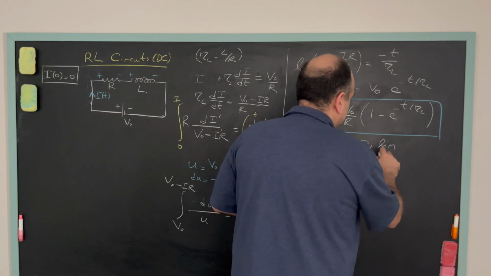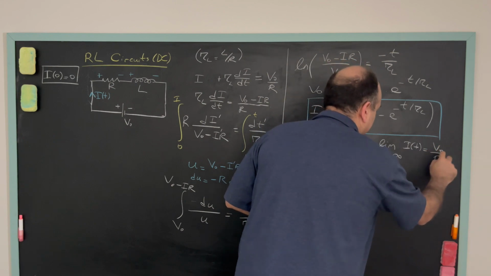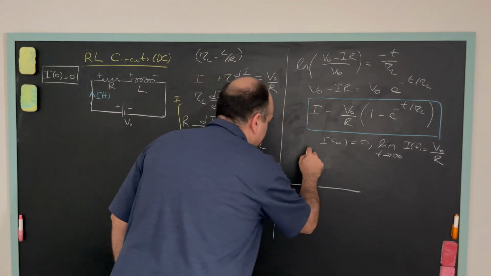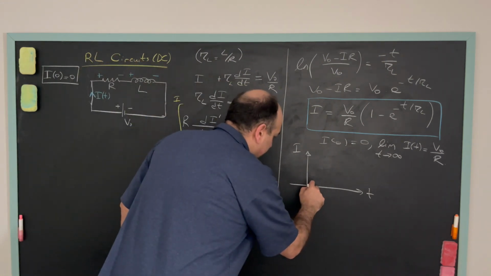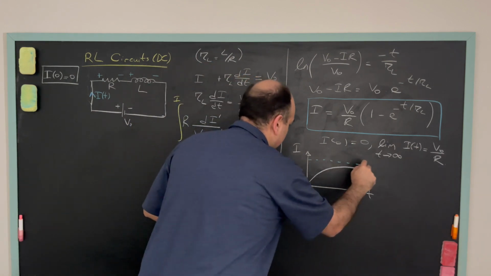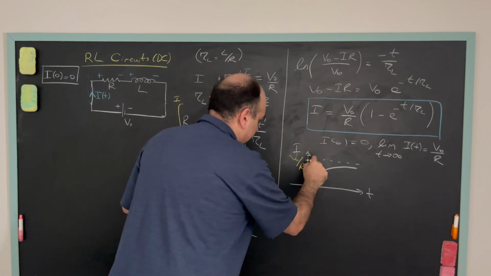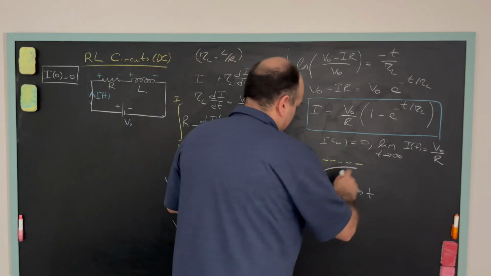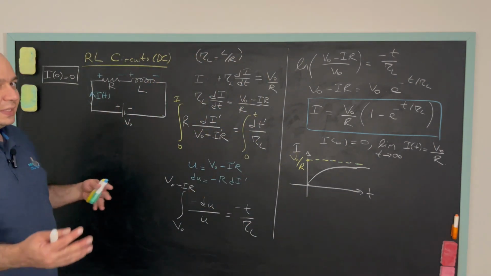When time t goes to infinity, the current becomes V naught over R. So if I plot I as a function of time t, what I see is initially it is 0, and finally it reaches an asymptotic value, which is V naught over R. Okay, so if I wait long enough, the current in the circuit turns out to be V naught over R.